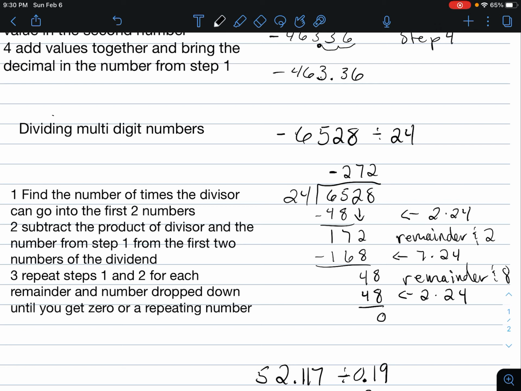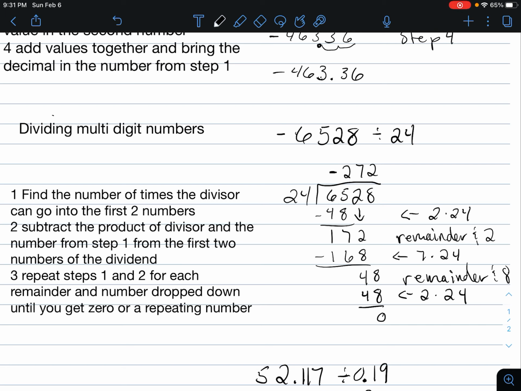Okay, now 24 can go into 172 7 times. So 7 times 24 gives us 168. Now that we have that number, we subtract them, and we get a remainder of 4. There's still one more number to bring down, so we bring down that 8. We've got 48.